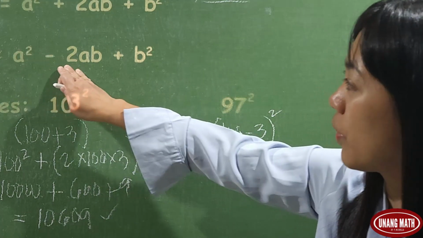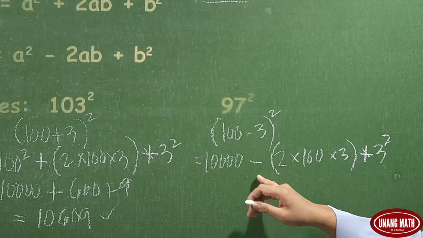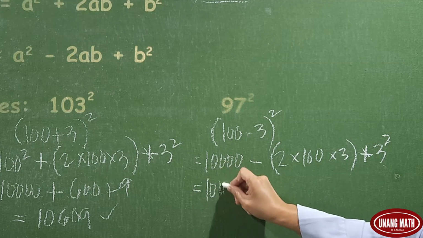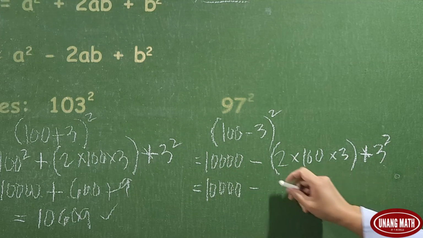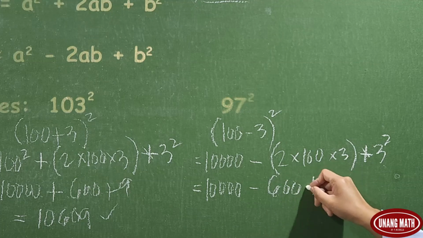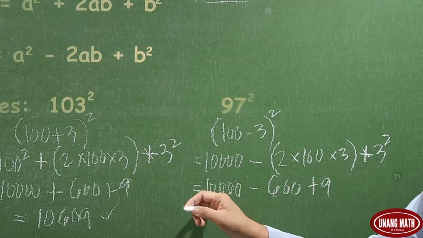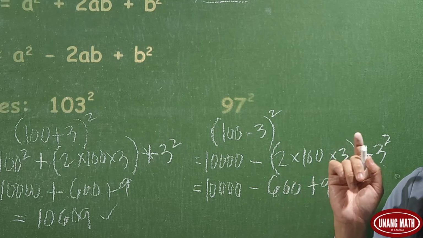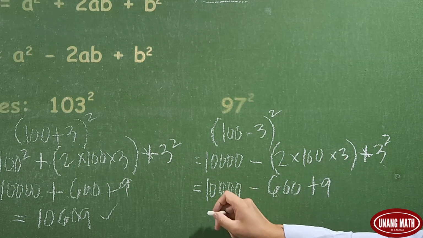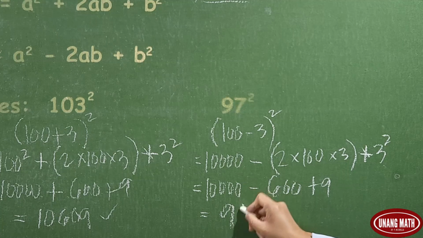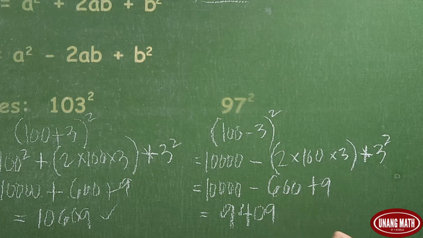So that's a squared minus 2ab plus b squared. Okay, let's simplify. So this is then 10,000 minus 600 plus 9. So 10,000 minus 600, that would be 9,400 plus 9. So this is 9,409.